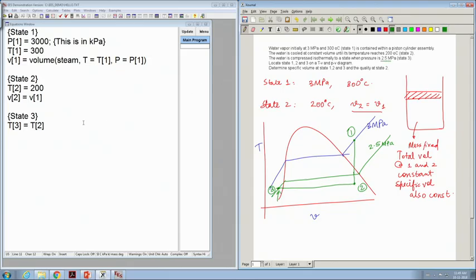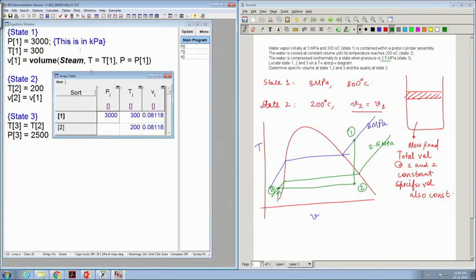Okay. So, thus P3 is equal to 2500. So, let us see, if we run this, we have obtained all the various quantities.